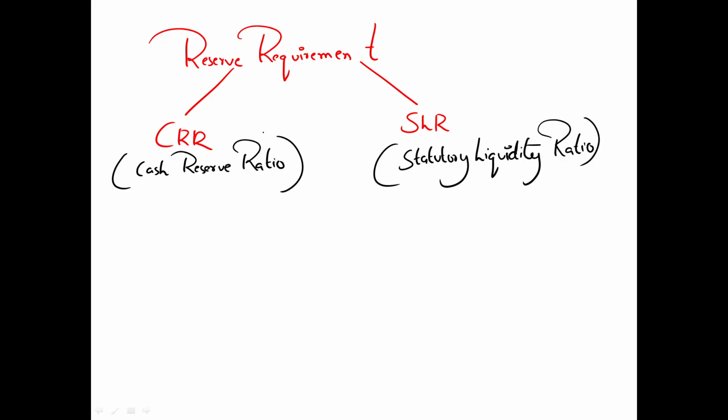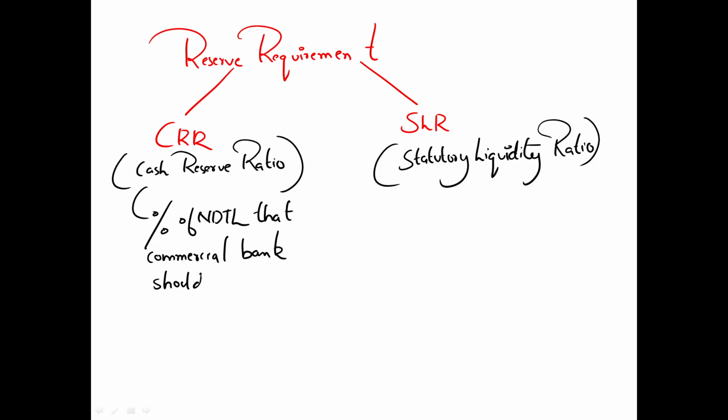So CRR is a percentage of the net demand and time liability, a percentage of NDTL, that a commercial bank should maintain as a reserve in cash with the RBI.